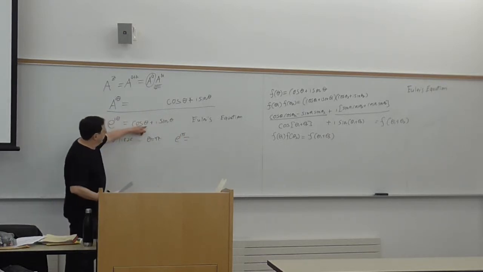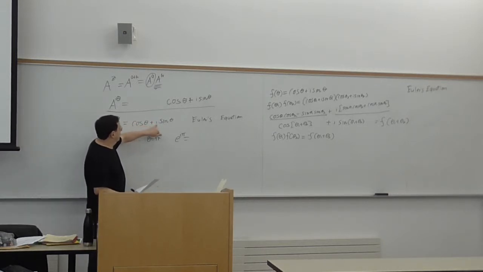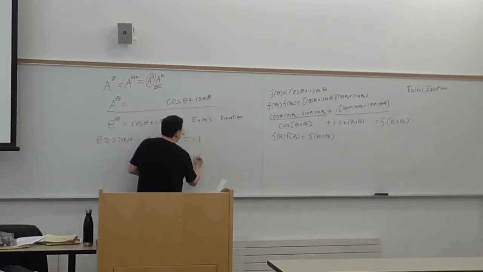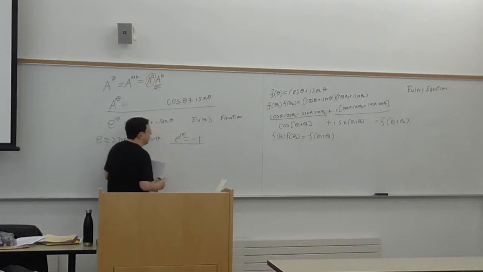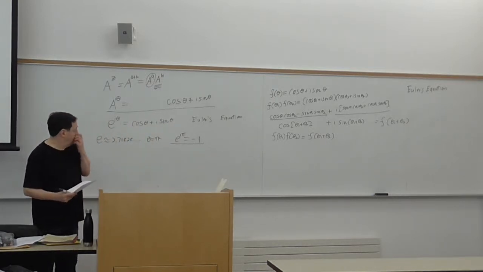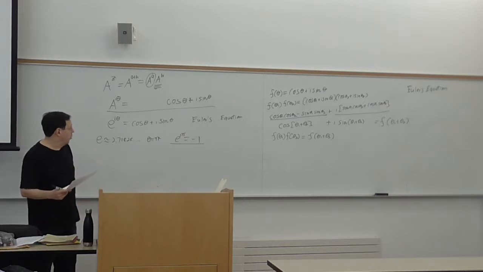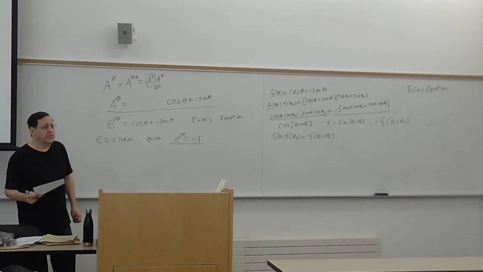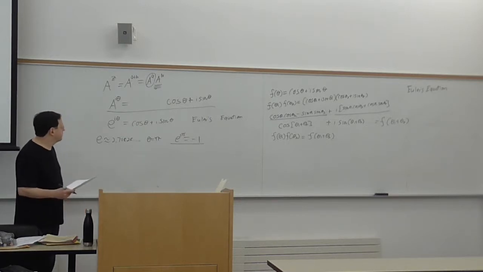And then we put pi into this: cosine of pi is -1, sine of pi is 0, so this is -1. This is known as Euler's identity. It's considered one of the most famous equations in mathematics. It's kind of the E equals mc squared of mathematics.